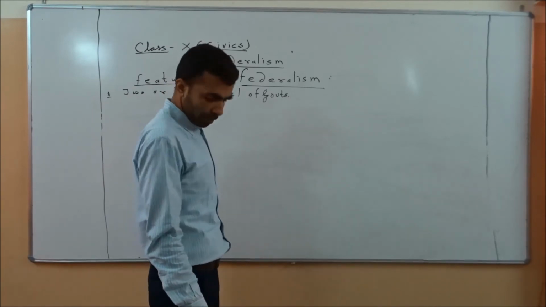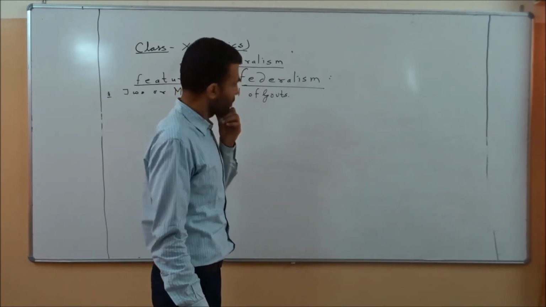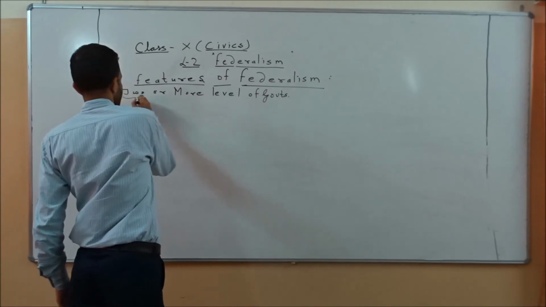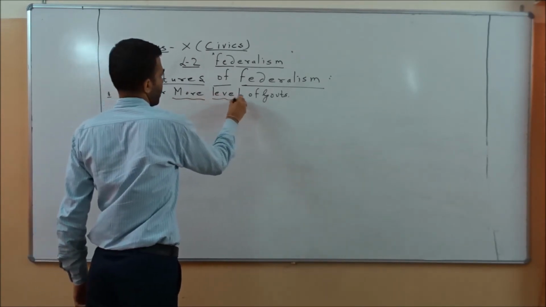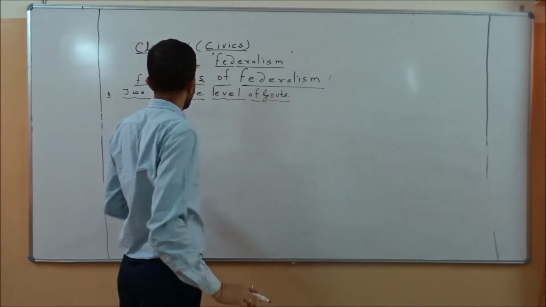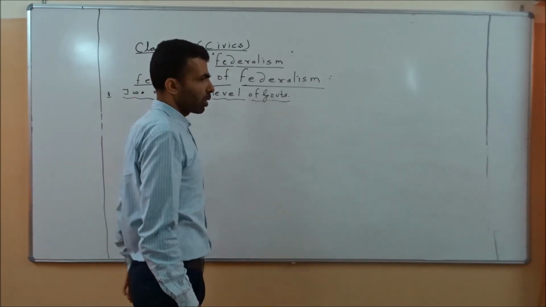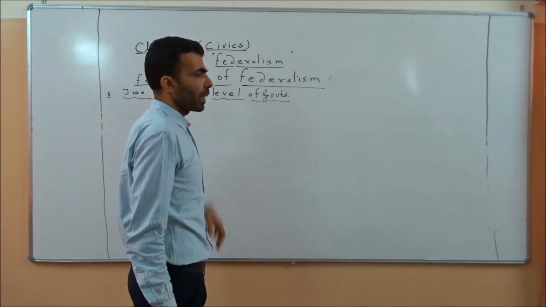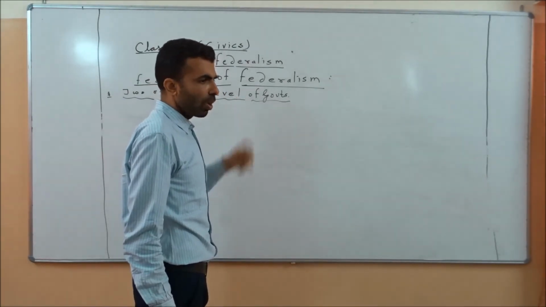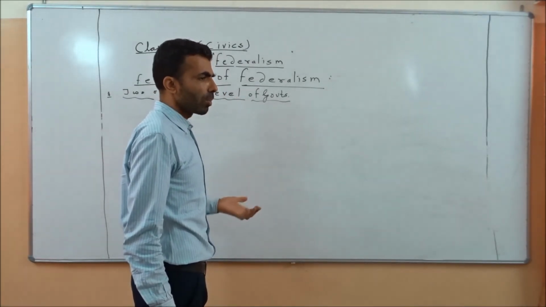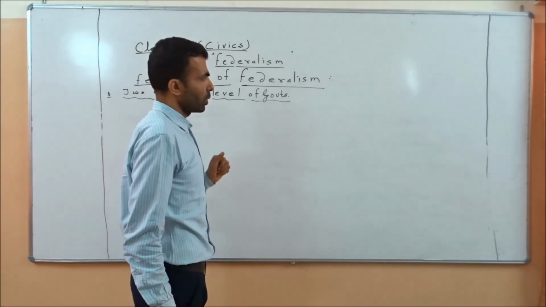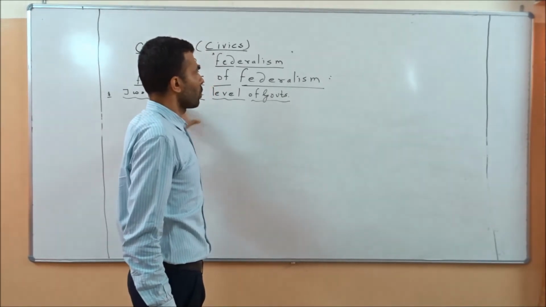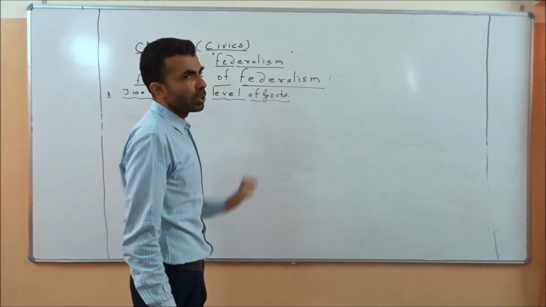So see, it is the spirit of federalism. 2 or more levels of government. What does this mean? There would be a government for the entire nation. There would be another government for the regional. Likewise there could be a government for the community issues or the local self issues. So that would be the first feature of federalism in general.